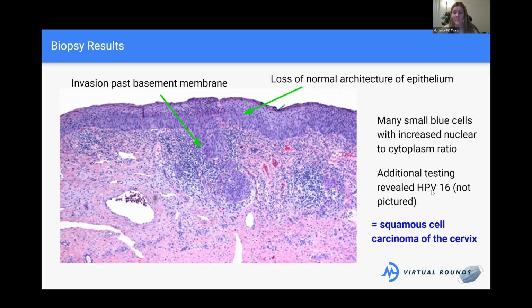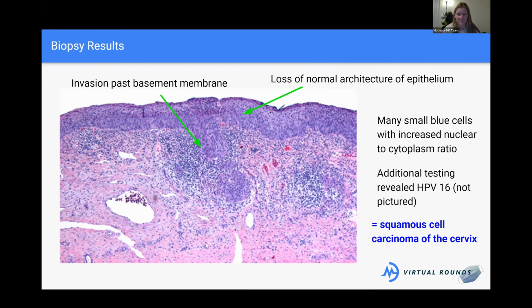So likely what happened was with this HPV infection, she was more prone to developing these neoplasia type changes of her squamous epithelium that, over the course of the 6 years that she wasn't being screened with pap smears, progressed to this invasive cancer that would have maybe otherwise been caught if she had gotten the screening before.